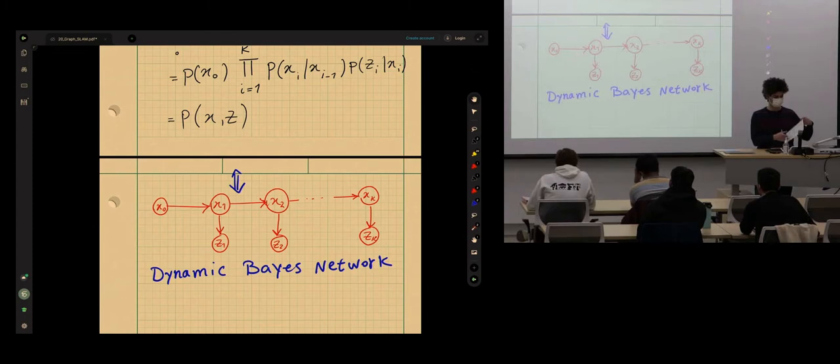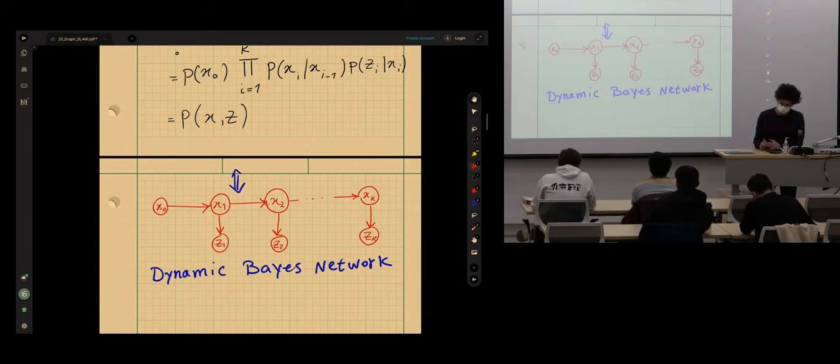So you said the arrows show time evolution. Could you give an example of how they would show time evolution? The arrows show time evolution in the sense that you are at position x2. Given a motion command, you go to position x3. Let's talk about x1 and x2.